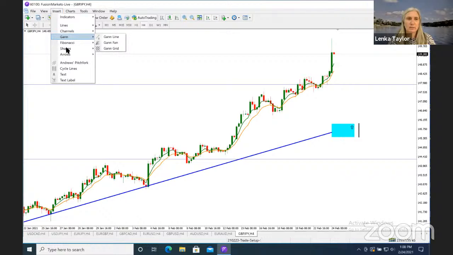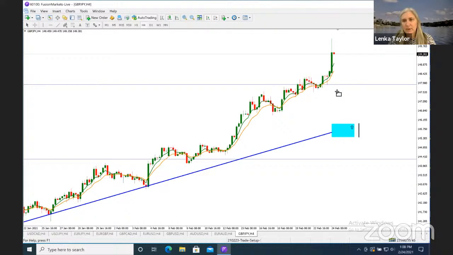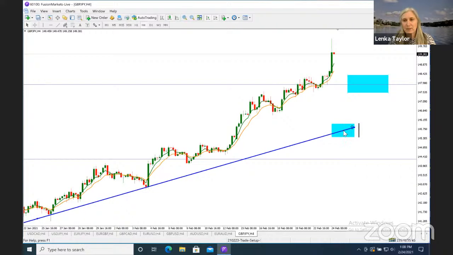Let's see, maybe around there as well. So either a pullback to the weekly horizontal or to the trend line there would also be good. Somewhere there like that. And still looking for a long on that one.